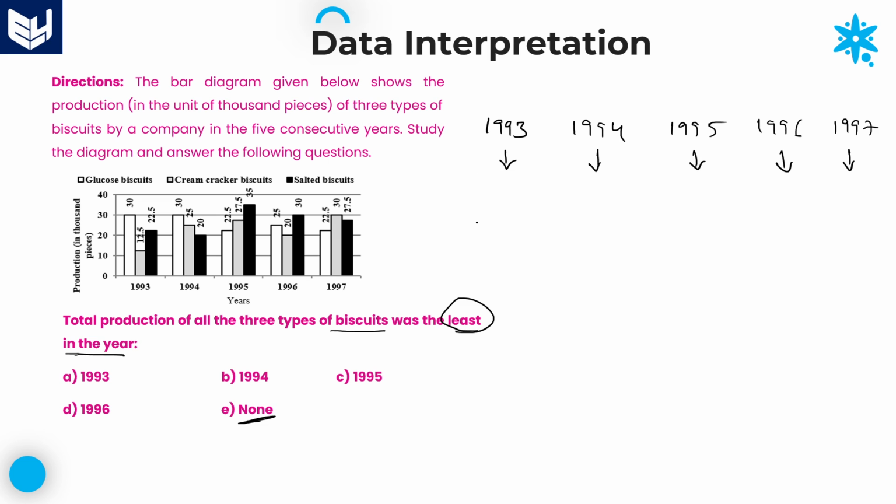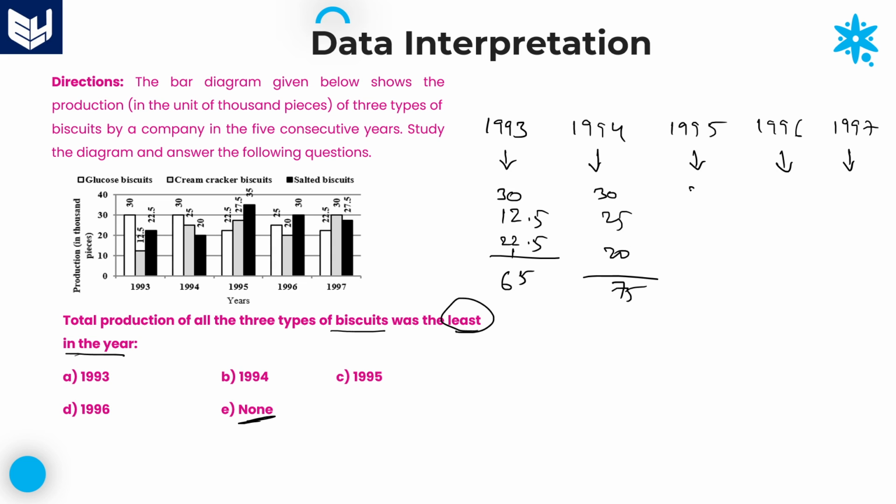First, 93. The values are 30, 12.5, 22.5, which gives 65. Second year: 30, 25, 20, that is 75.